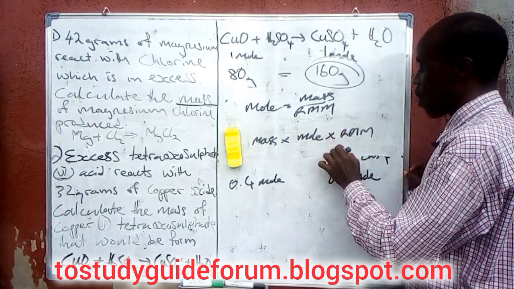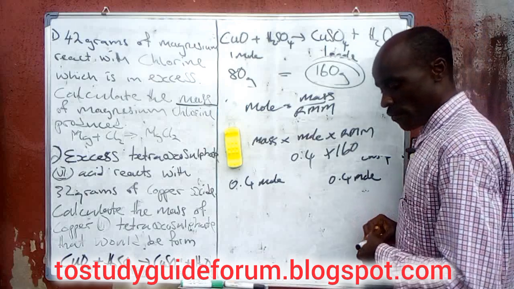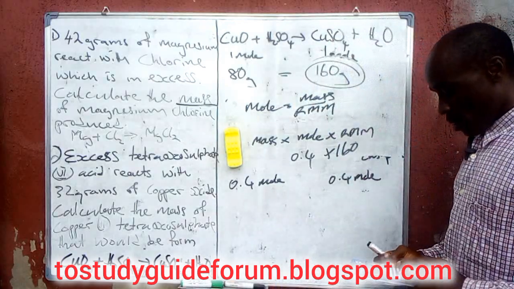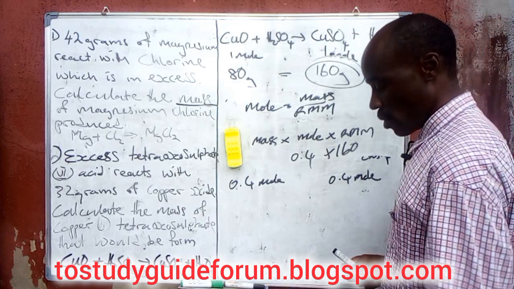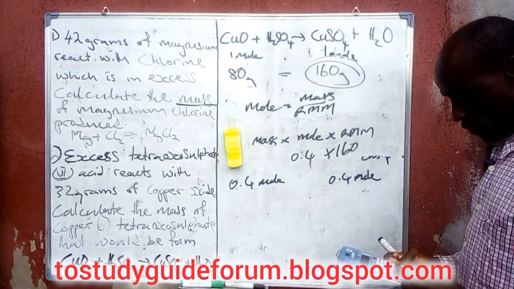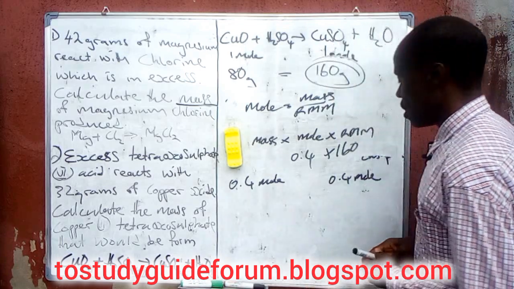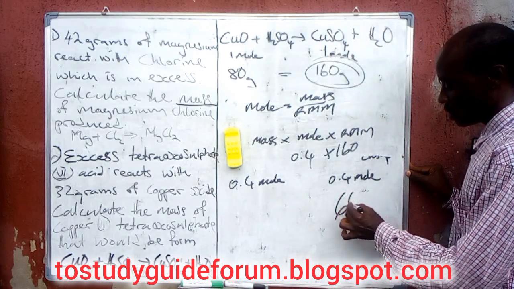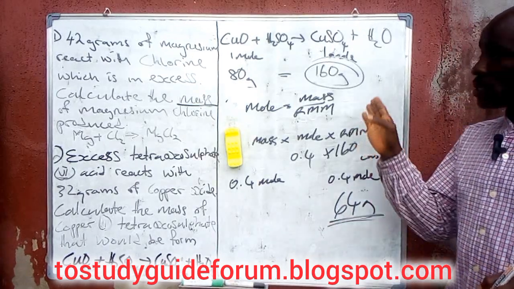That means 160 multiplied by 0.4, not 190, please. 0.4 multiplied by 160 will give us 64 grams. You can see that both methods give us the same thing.